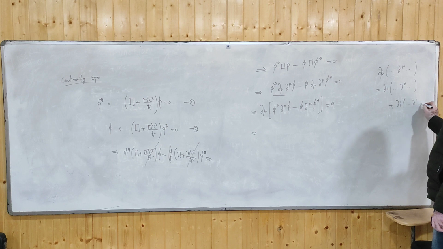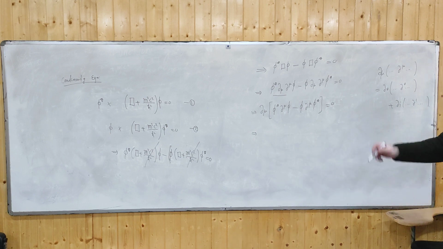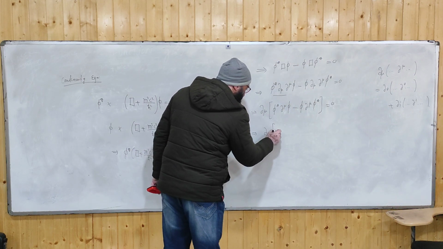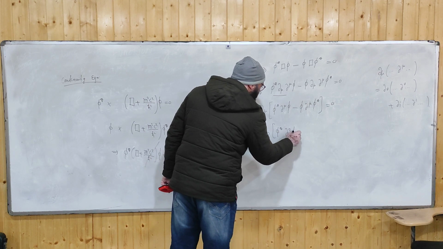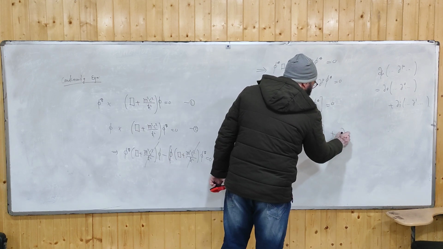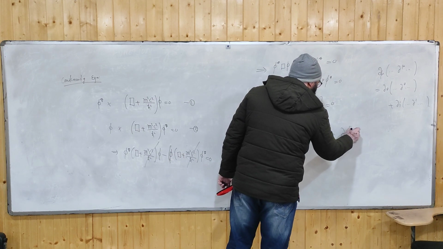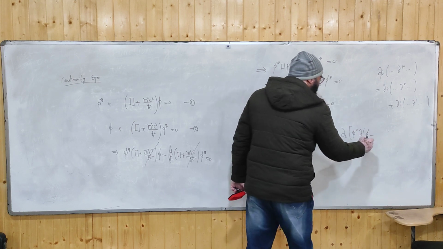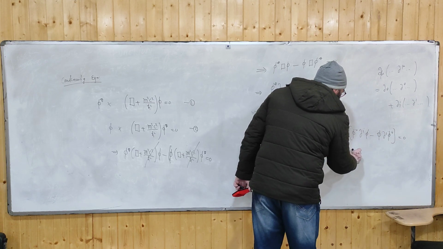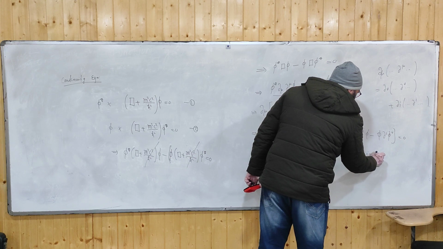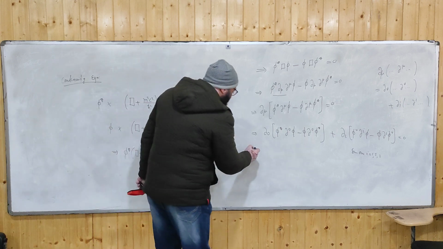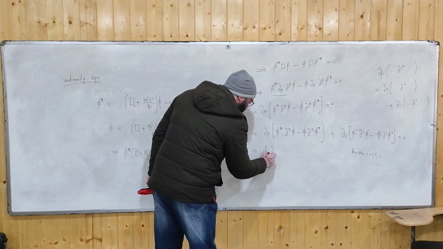Let me write it step by step: partial 0 phi star partial 0 phi minus phi partial 0 phi star, plus partial i phi star partial i phi minus phi partial i phi star, equals 0. There is a sum over i, 1 2 3 or x y z. Clear? It is a spatial index. Okay, what is partial 0? It's 1 by c partial by partial t.